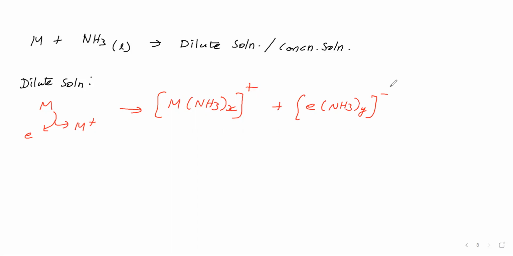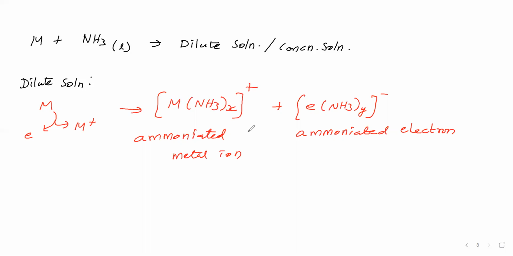The electron charge is negative. This is called the ammoniated electron, and this we call the ammoniated metal ion.